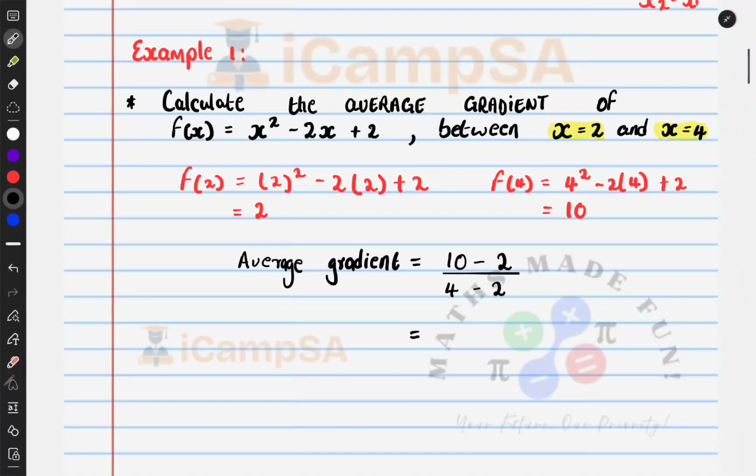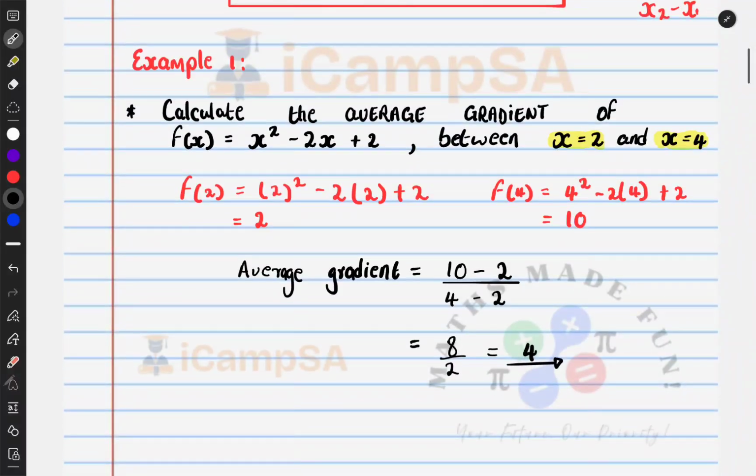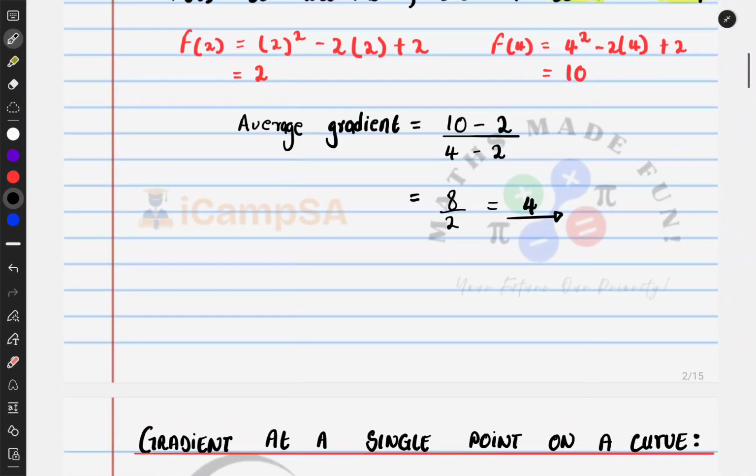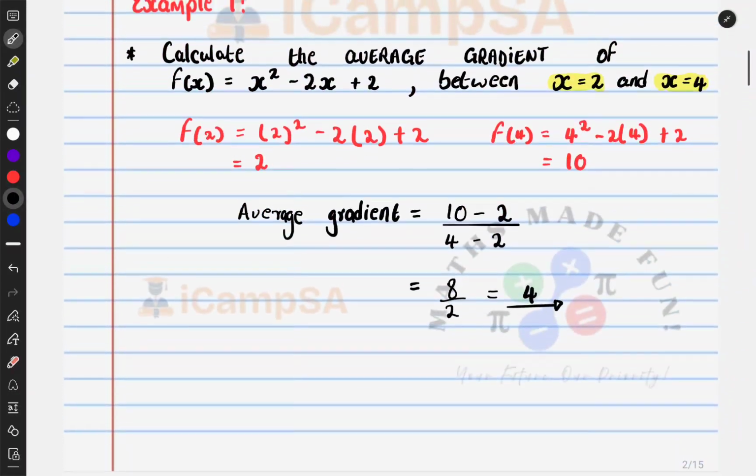Therefore we're going to have 10 minus 2 is 8, and 4 minus 2 is 2. Therefore this will be equal to 4. This will be our average gradient. So that's how we basically calculate the average gradient between 2 points, by the way.